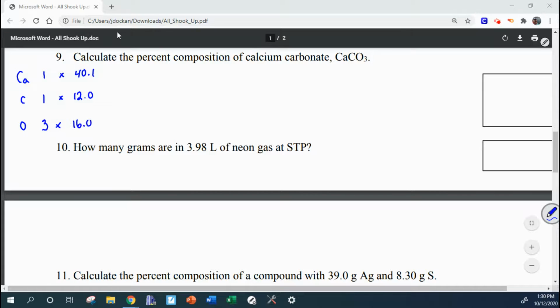Oxygen, 16.0. When we multiply those out, we get 40.1, 12.0, and 3 times 16 gives us 48.0. When we add these up, our molar mass is 100.1, and that's grams per mole of CaCO3.